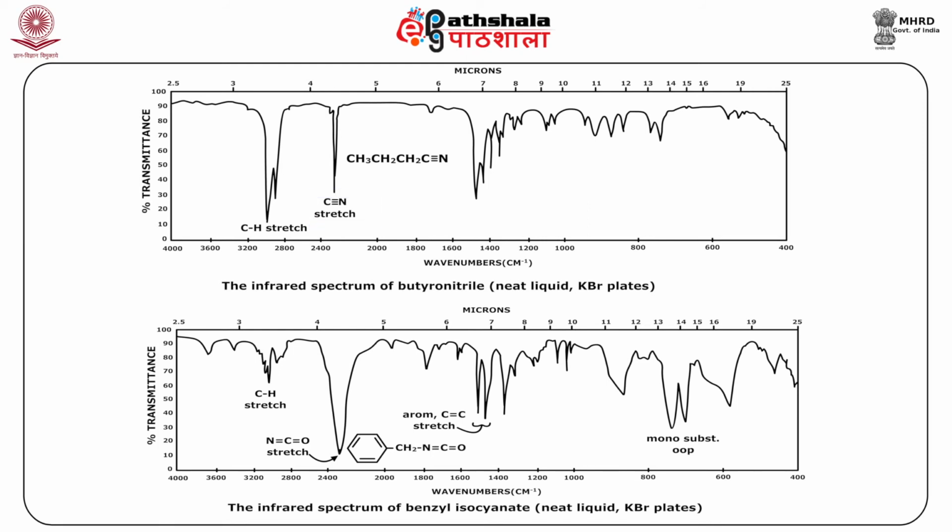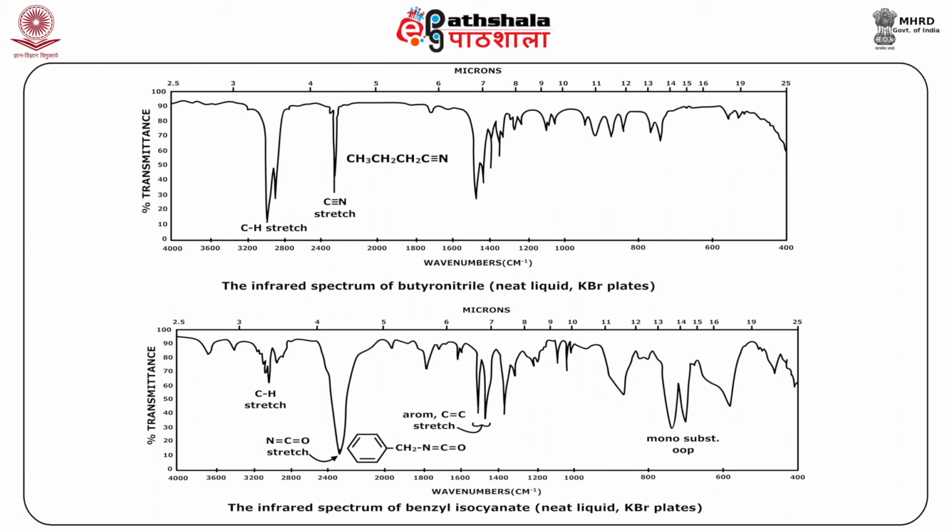Aliphatic nitriles absorb at about 2250 cm⁻¹, whereas their aromatic counterparts absorb at lower frequencies near 2230 cm⁻¹. Aromatic nitriles absorb at lower frequencies with increased intensity because of conjugation of the triple bond with the ring.